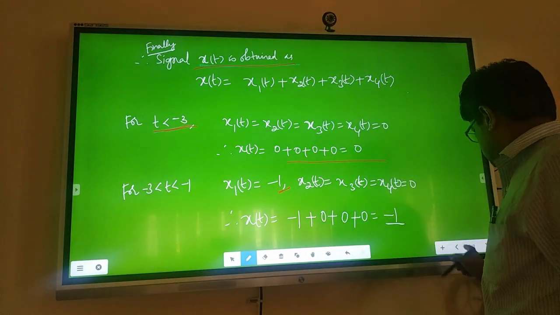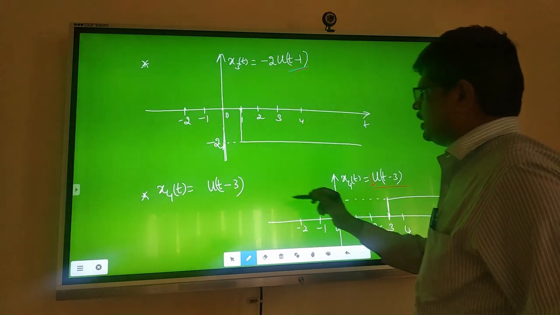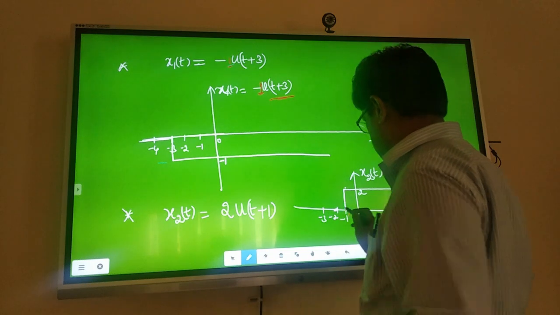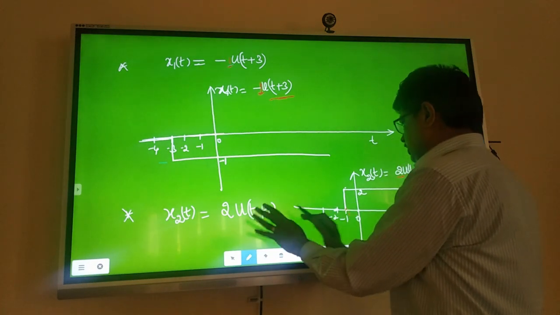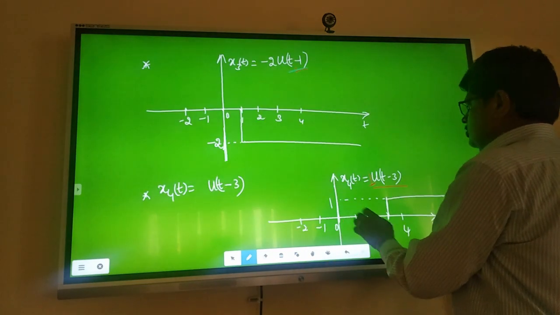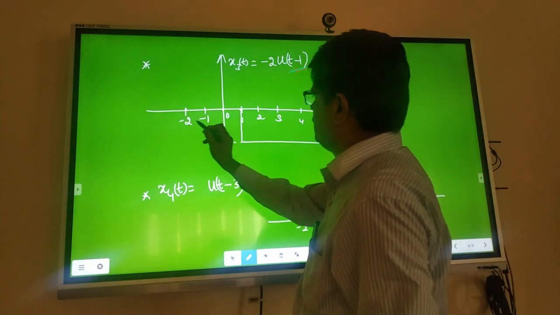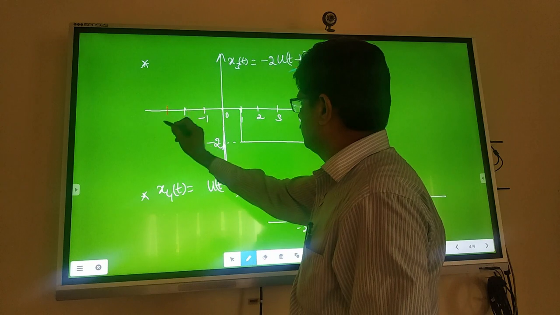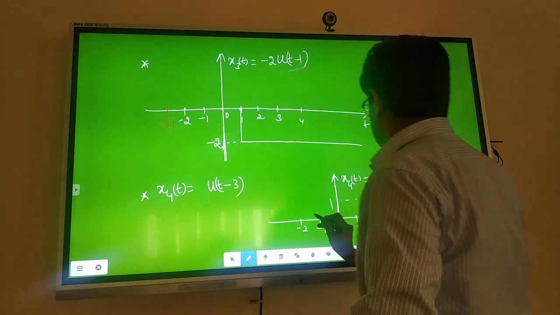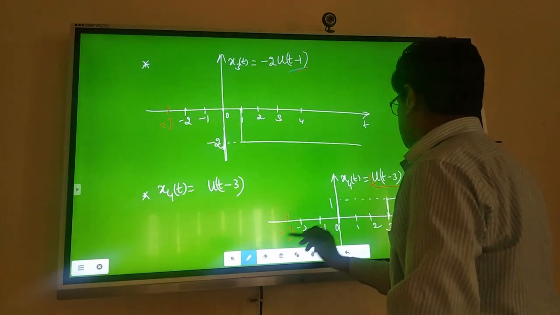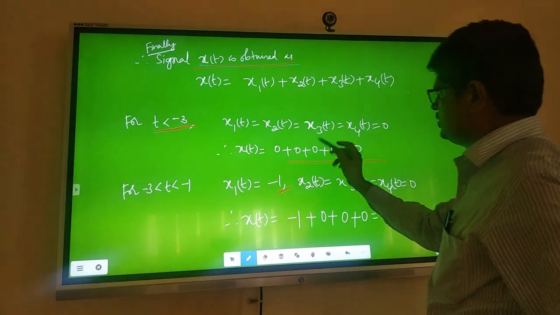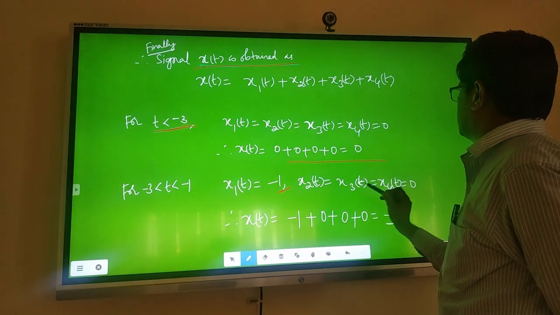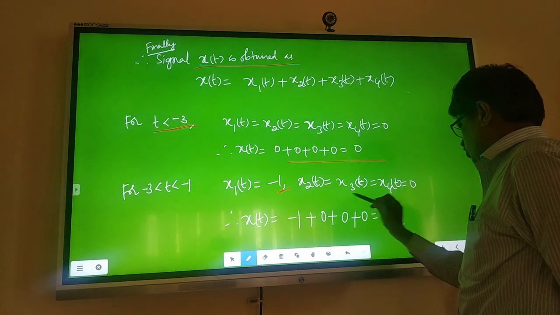x2(t), x3(t) and the others: does any x2(t) exist here? Nothing, 0. Any x3(t)? Nothing. From minus 1 to plus 1, from here to here, nothing. Here to here, nothing. Therefore x2(t) is equal to x3(t) is equal to x4(t) is 0.